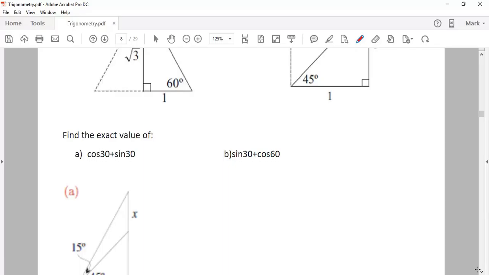From our table, we know that cos 30 is root 3 over 2, and we know sine 30 is a half. We can either leave it like that, or we can write it as root 3 plus 1 over 2. Doesn't really matter.